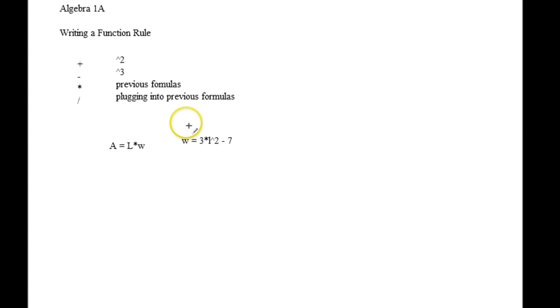So what's going to happen is you're going to translate that phrase and put it in for width, and rewrite it as area equals length times 3 times length squared minus 7.